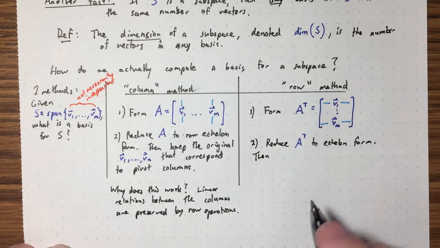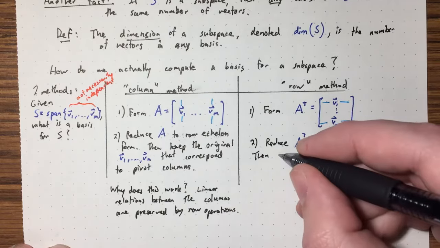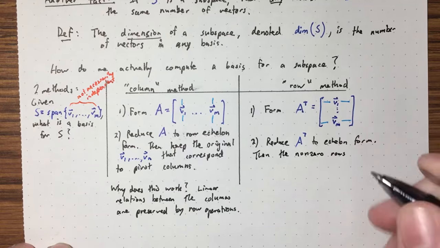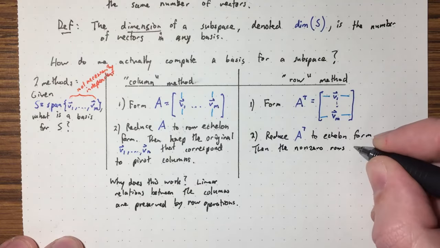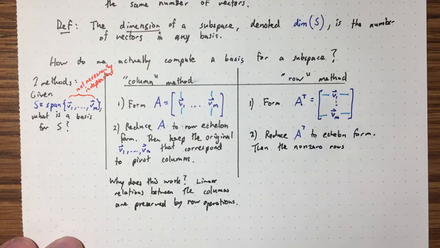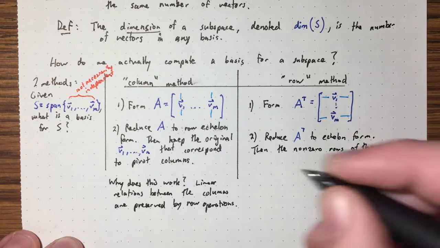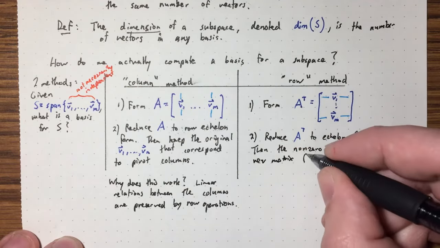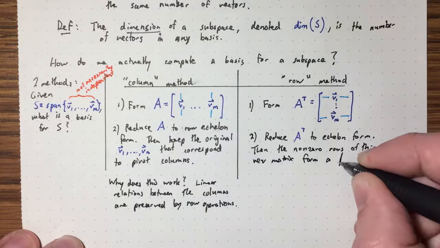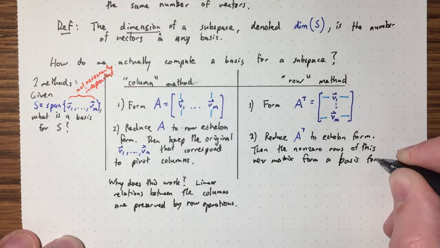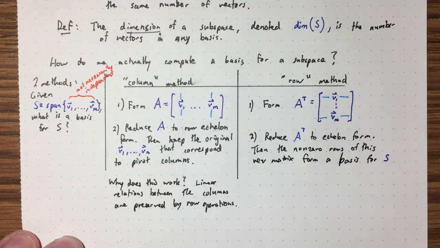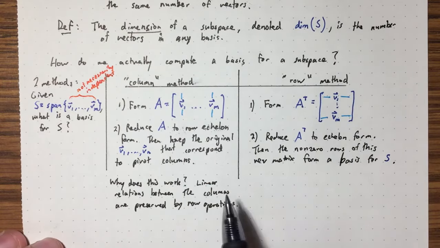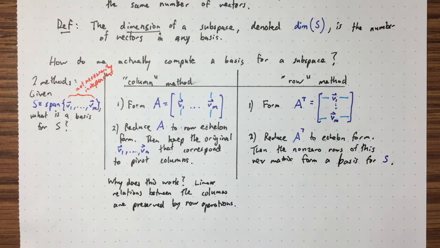So here's the cool thing about this method. Then the non-zero rows, meaning pivot rows, basically, of this new echelon form matrix, themselves form a basis for S. So I look at the row echelon form, and then the non-zero rows of that, I can just take those vectors themselves.